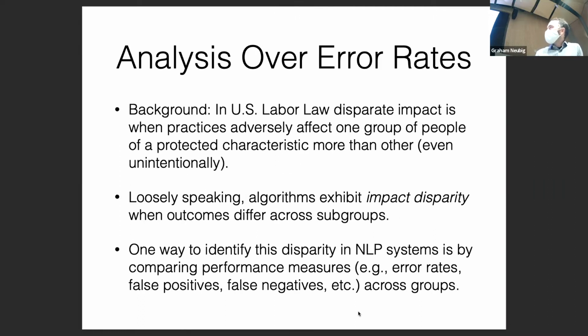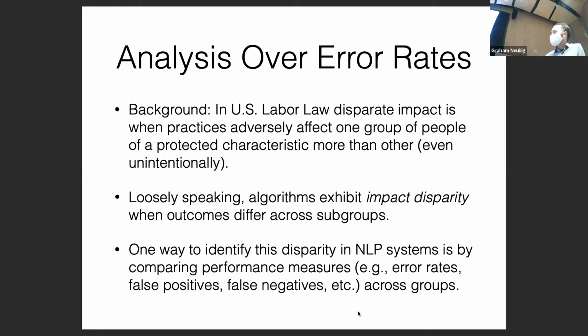So one thing that people do instead is analysis over error rates. And discrimination is very heavily regulated against in US law. These issues of bias require, there are some requirements in law that basically require you to not do things that adversely affect one group of people of a protected characteristic more than another, even unintentionally.